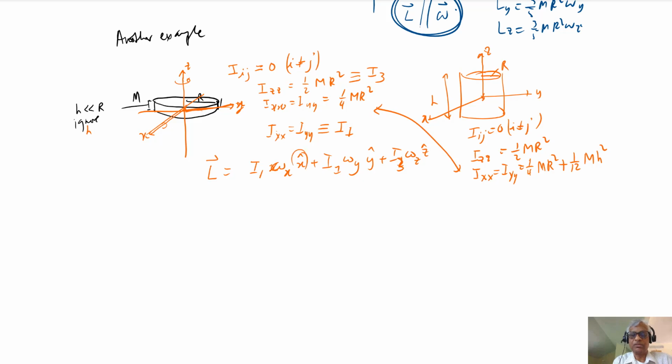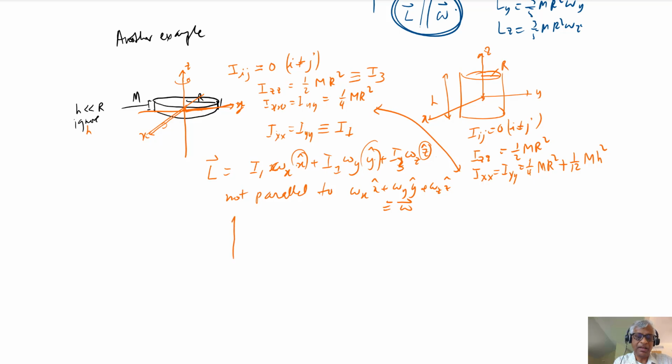These are unit vectors like i hat, j hat, k hat. And of course, this is not parallel to omega x hat plus omega y hat plus omega z hat, which is what the omega direction is.